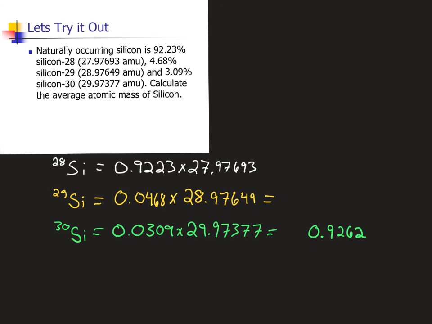Next one, and that would be a value of 1.3561.